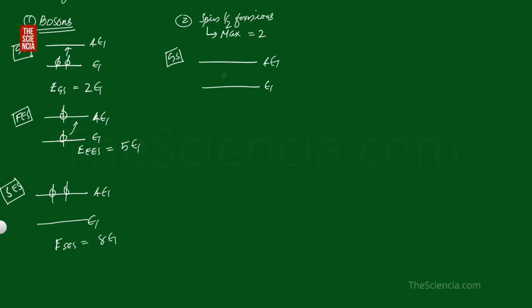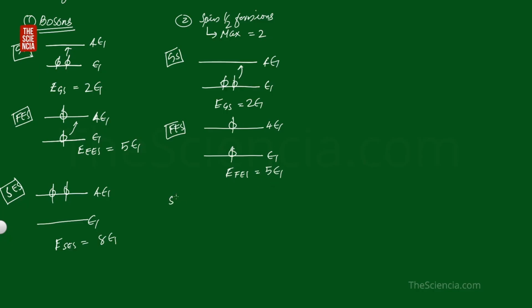So both the fermions are in the ground state, lowest energy state, that is the ground state energy is equal to 2E1. Now let us consider the first excited state, that is one of the particles is jumping to the higher state. So this is the arrangement. This is the E1 state, this is the 4E1 state. So the energy of the first excited state is E1 plus 4E1, that is 5E1.